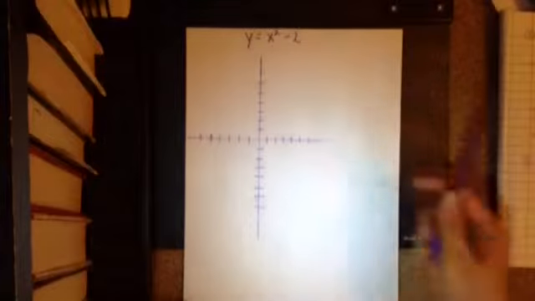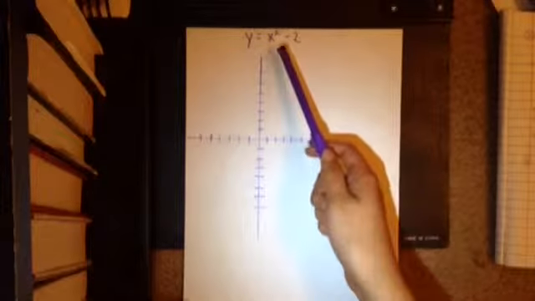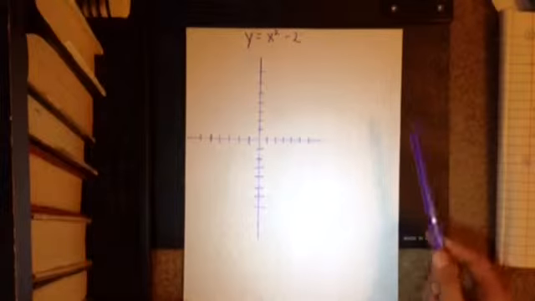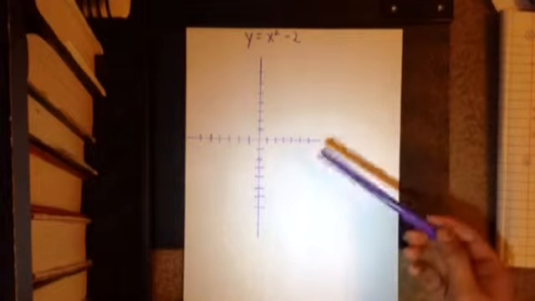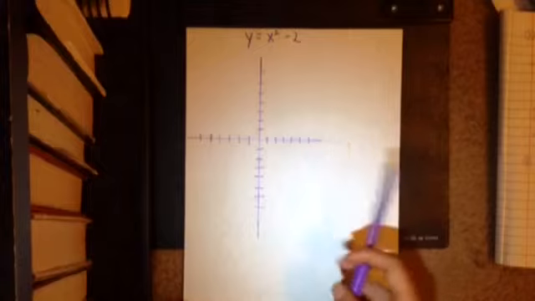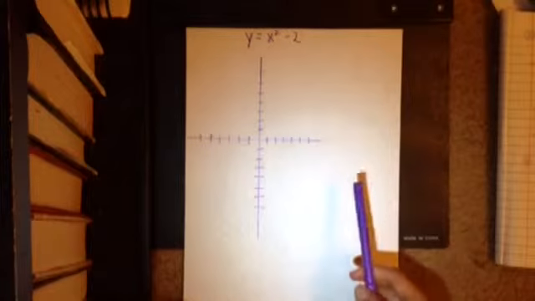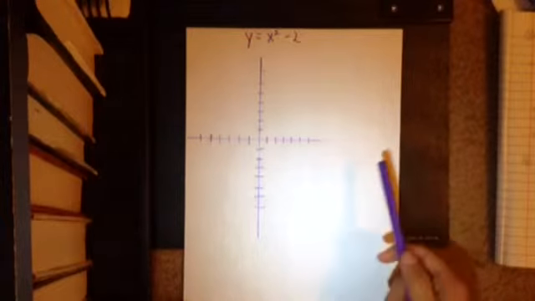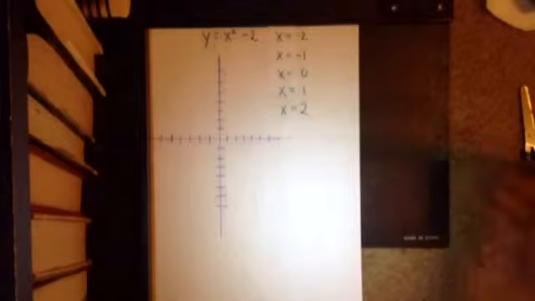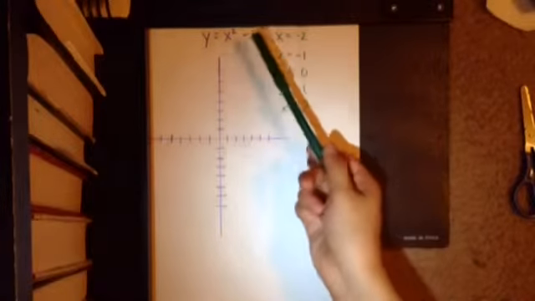Now we're going to graph the equation y equals x squared minus 2, and we're going to find the x and y intercepts and figure out if the graph contains origin, y-axis, or x-axis symmetry. So we're going to have our x values here, and we're going to plug them into the equation.